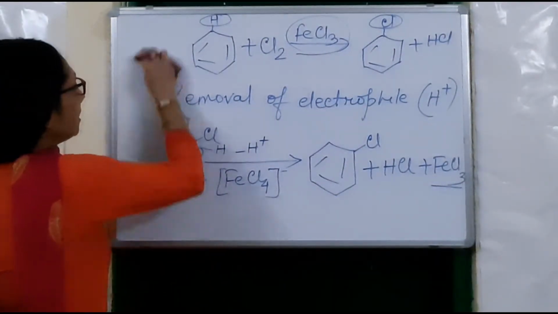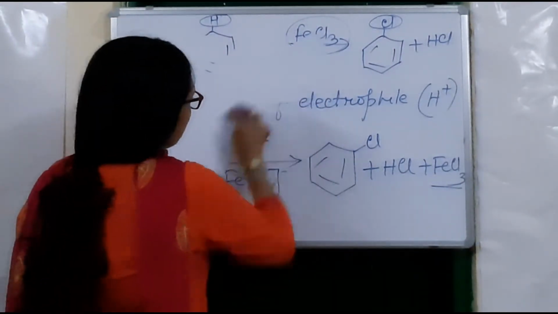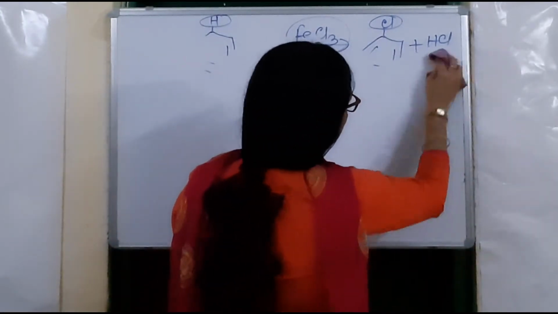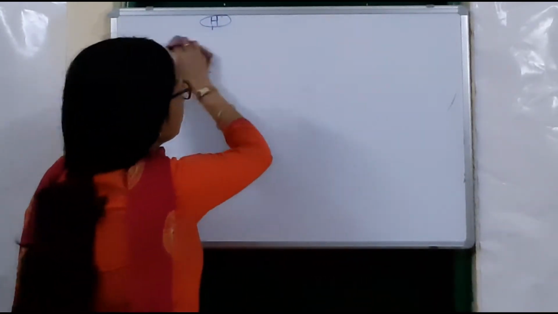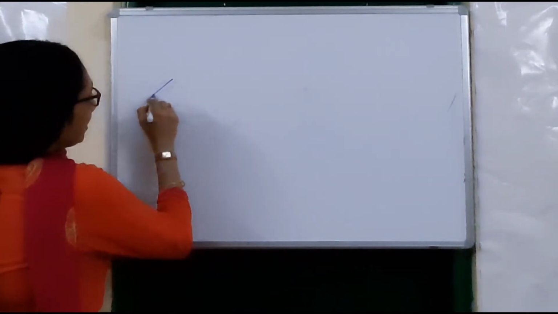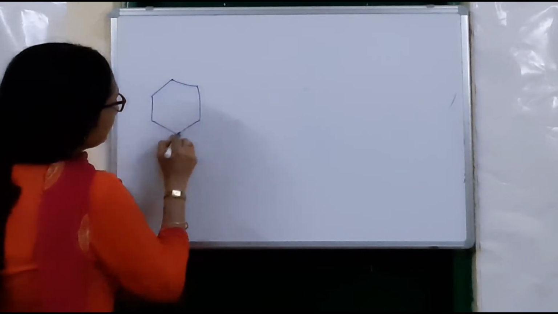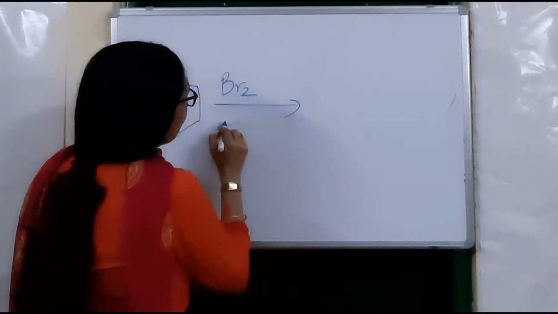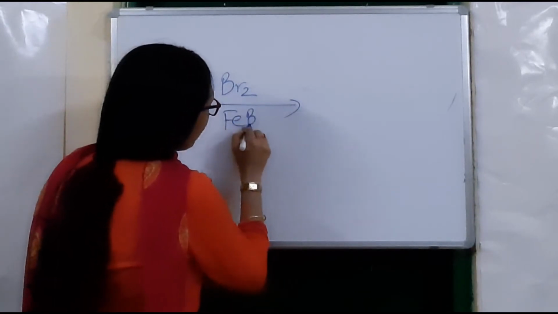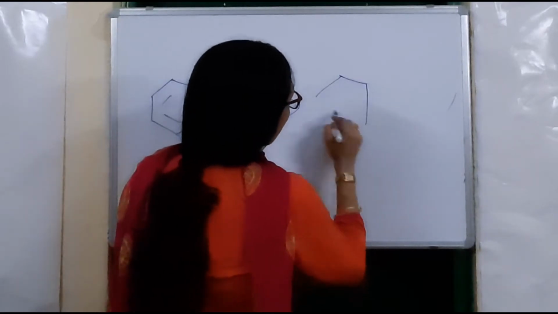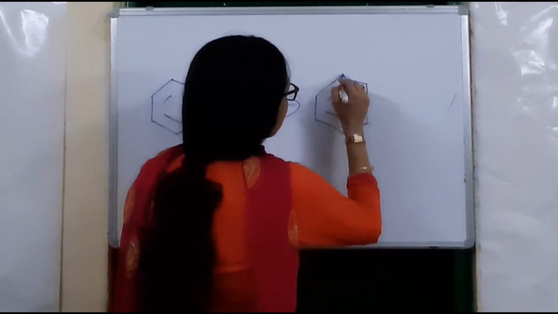So we have learned that halogenation of benzene is an example of electrophilic substitution reaction. Similarly, when we treat benzene with bromine in the presence of FeBr3 as the Lewis acid, we will get bromobenzene.